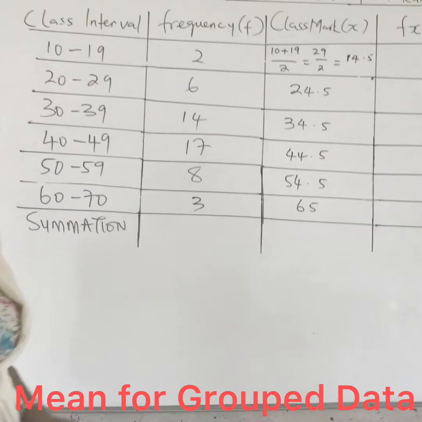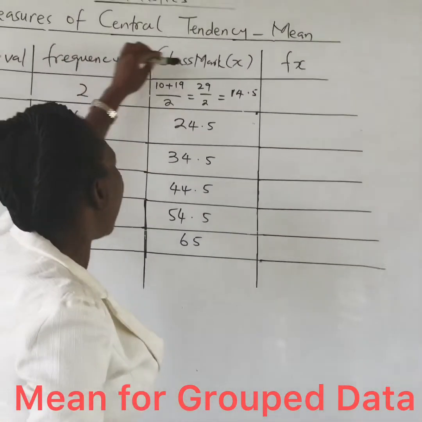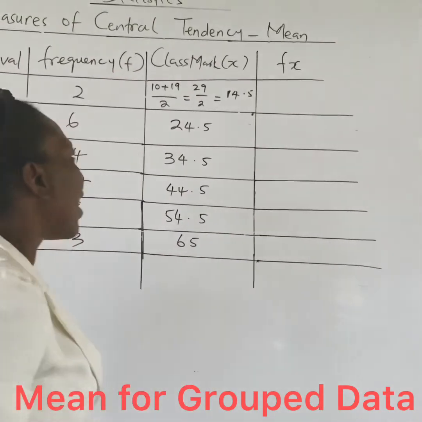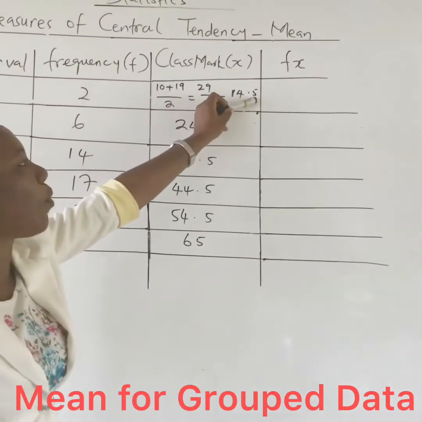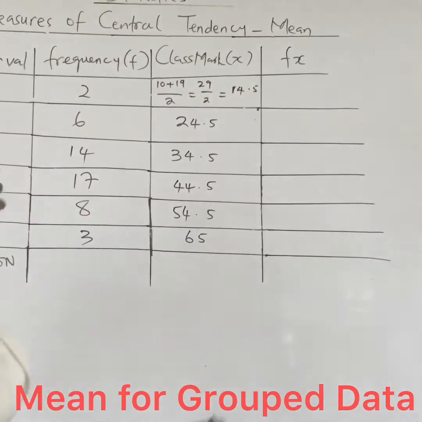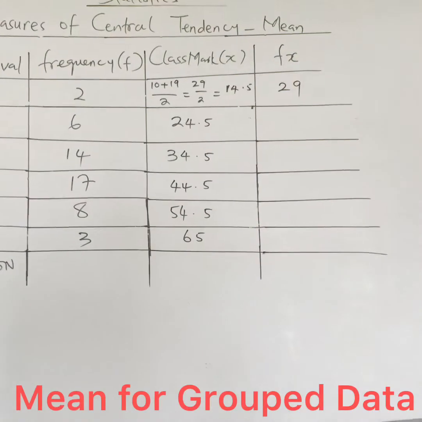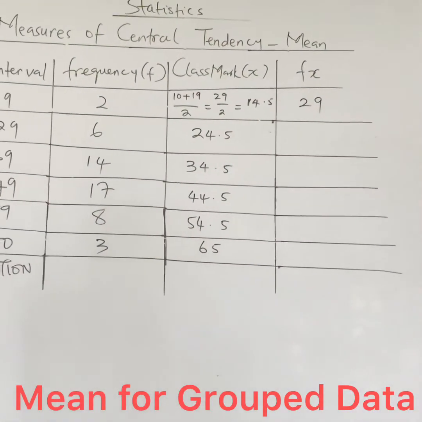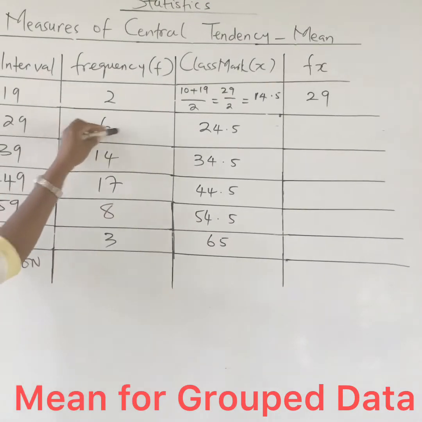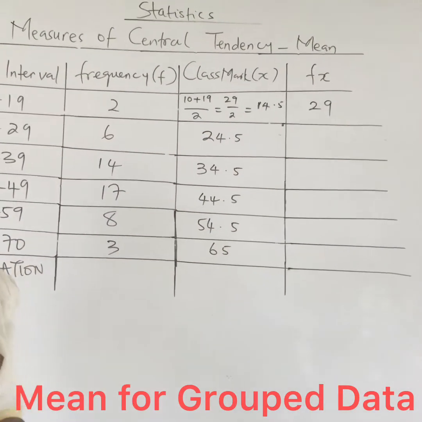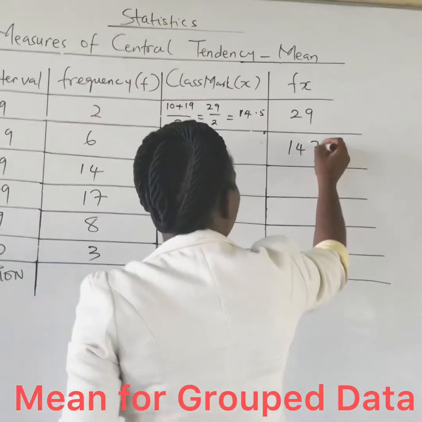Then next we will take the product of the frequency and the class mark. So we'll multiply 2 times 14.5, and that will give us 29. You can punch your calculator to see if that is correct, which I know is correct. So here we have 6 times 24.5, and that will give us 147.